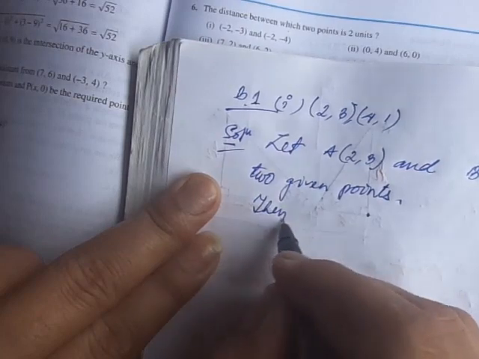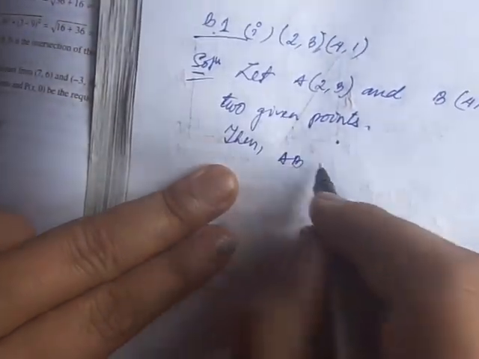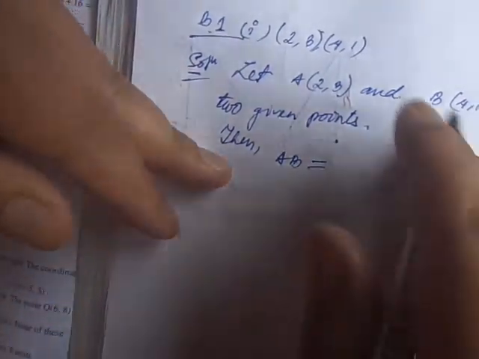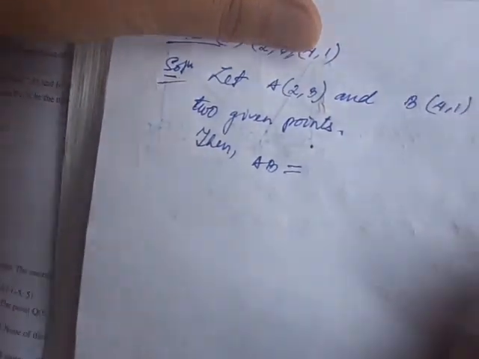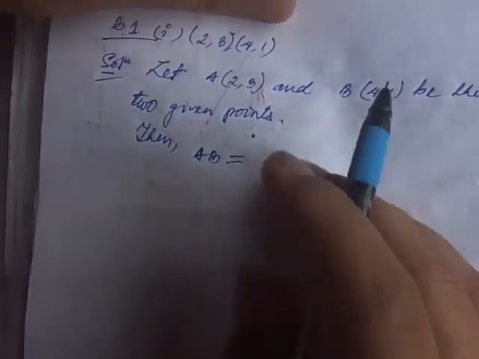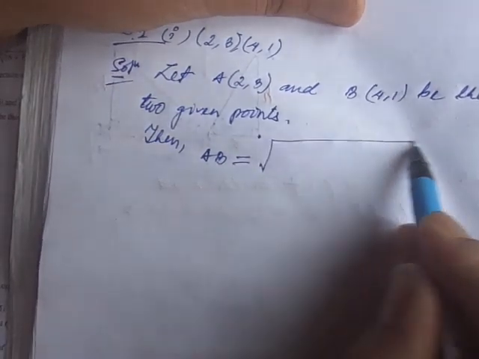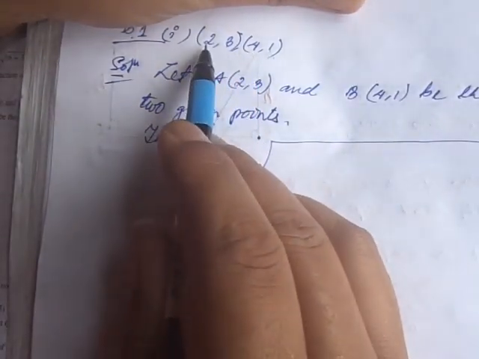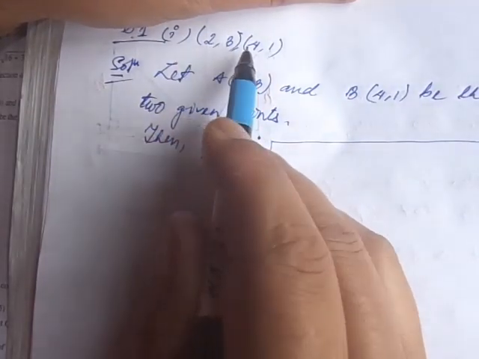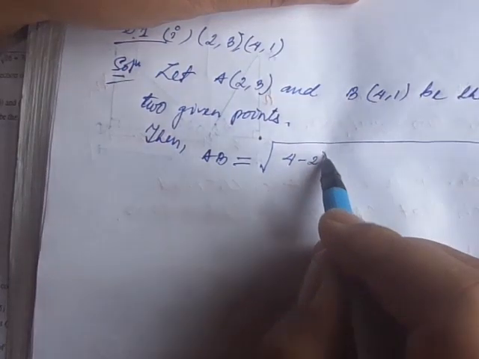Then using the distance formula we can say AB equal to, as I said, we will not write the formula but we will be using it. We say square root of the difference of abscissa. What is the abscissa here? 2 and 4. So the difference of these two, let's write the bigger one first, 4 minus 2 whole square.